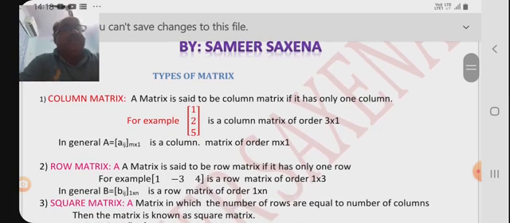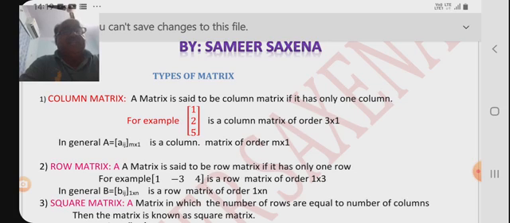There are various types of matrix, but some matrices in our course we will study first, in which the first matrix is column matrix. A matrix is said to be column matrix if it has only one column. बच्चों, ऐसी मैट्रिक्स जिसमें एक ही कॉलम हो, रो कितनी भी हो, ऐसी मैट्रिक्स कॉलम मैट्रिक्स कहलाती है.